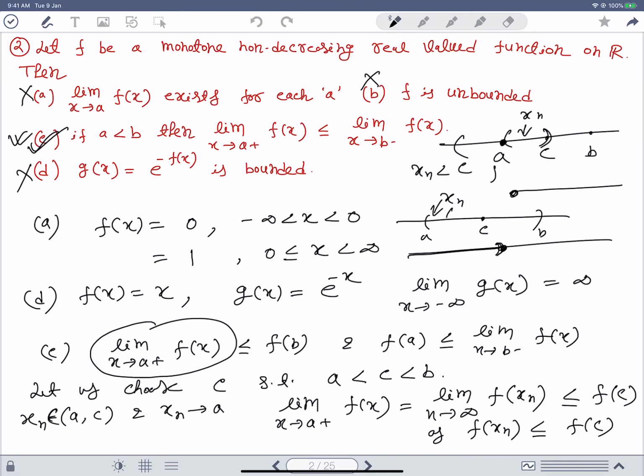So f(x_n) is less than or equal to f(c), since f is a non decreasing function. Therefore, the right hand limit is less than or equal to f(c), and by a similar approach you can say that the left hand limit is greater than or equal to f(c), and then you can conclude. So this is the proof of C.